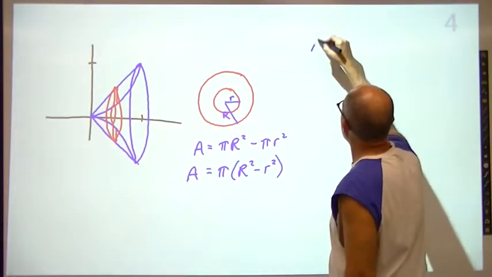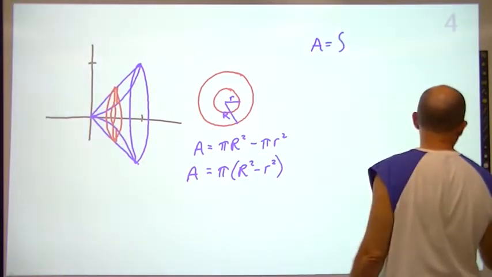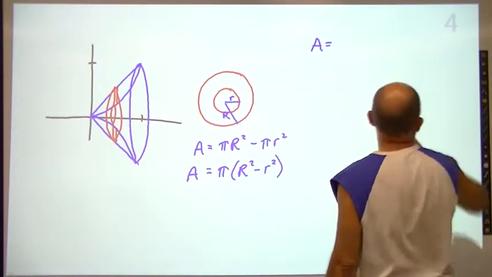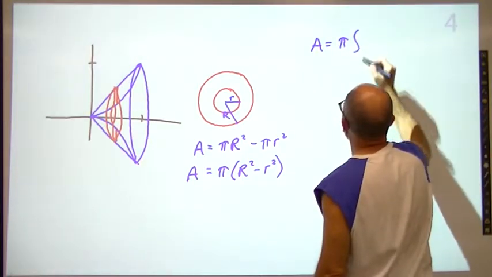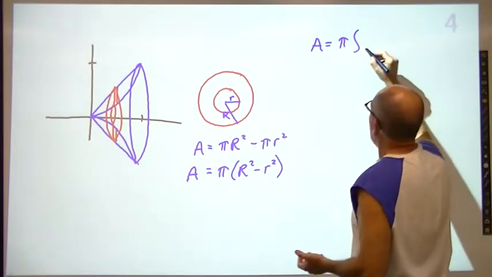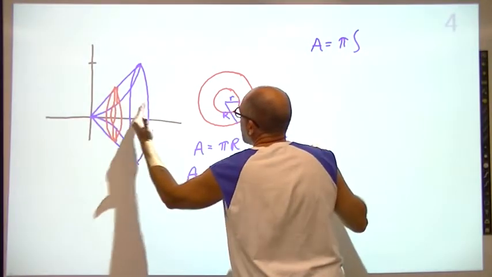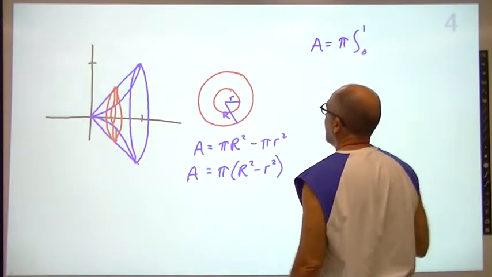So we've got the volume equals pi times the integral. And you could put pi inside the integration too, it doesn't matter, it's a constant. And we're integrating from 0 to 1, from x equals 0 to x equals 1.